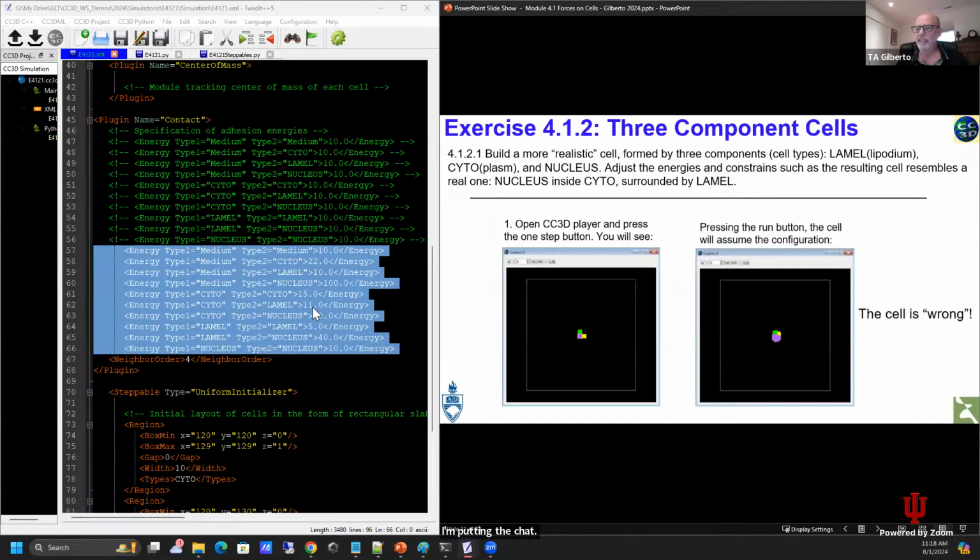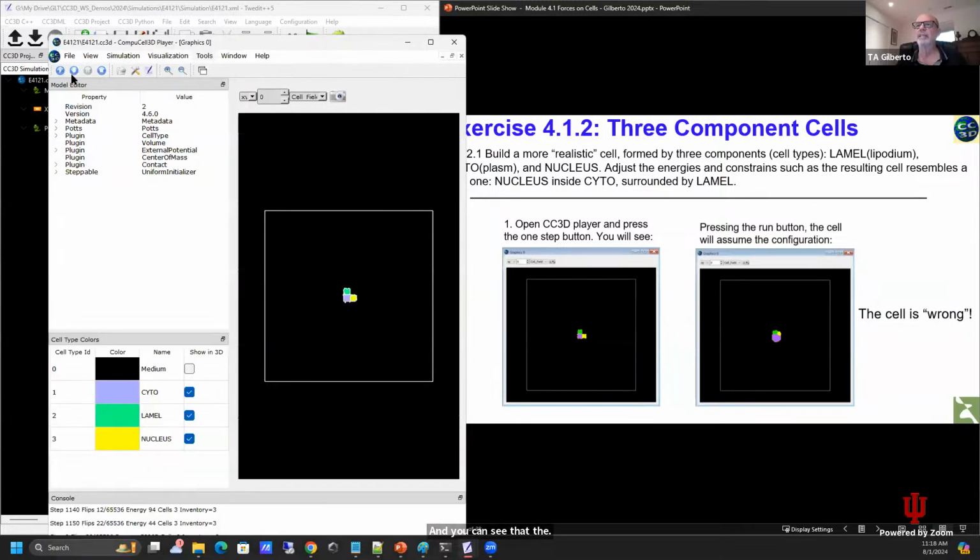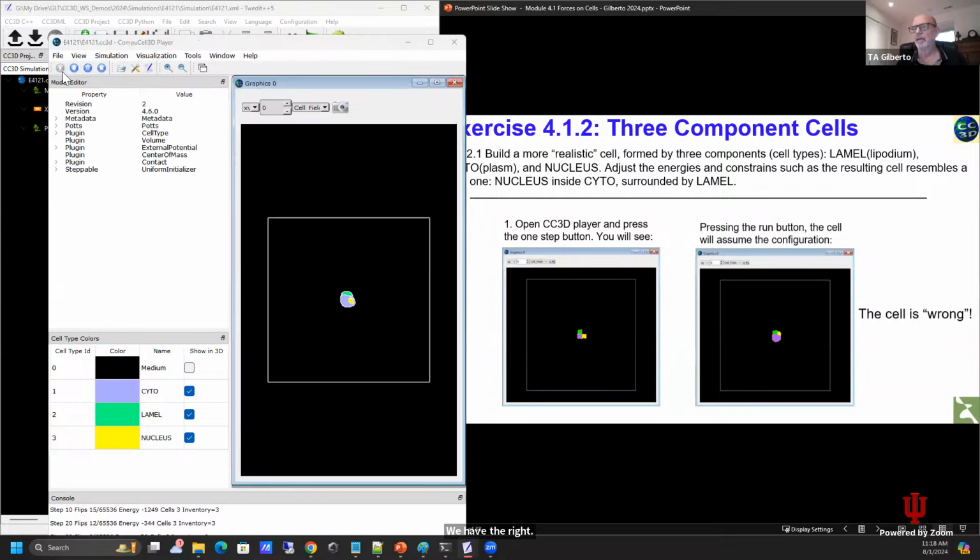Once you have this fixed, we can run the simulation, and you can see that the cell will have the right shape we want.